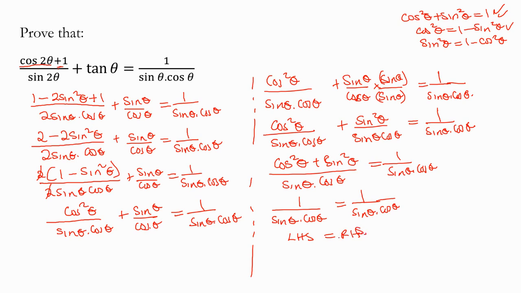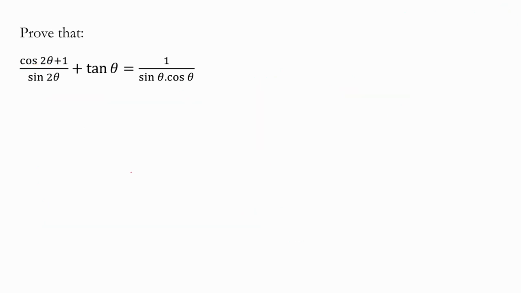Okay, and then we've proved that the left hand side is equal to the right hand side. So we're going to use the last one, which is saying cos 2 theta is equal to cos squared theta minus sin squared theta. So we replace this with cos squared theta minus sin squared theta.